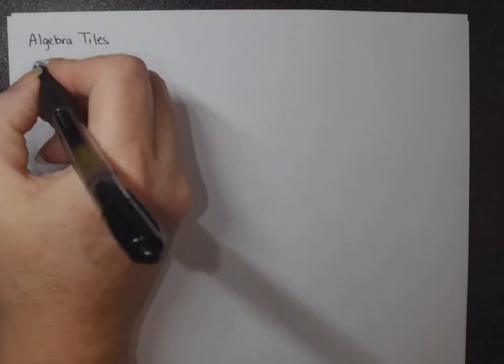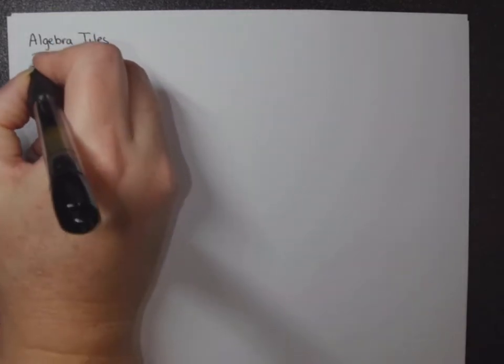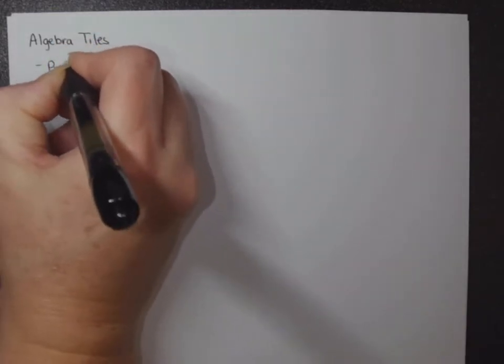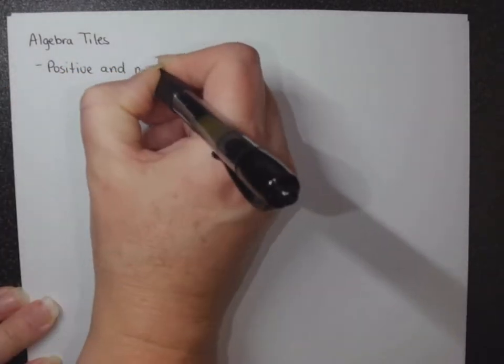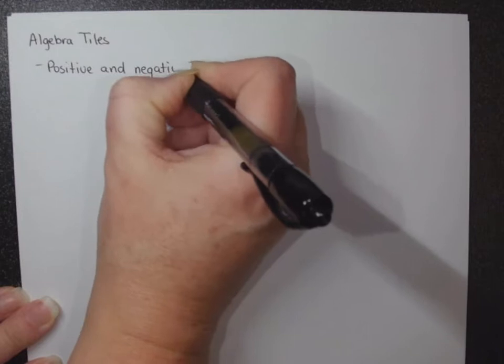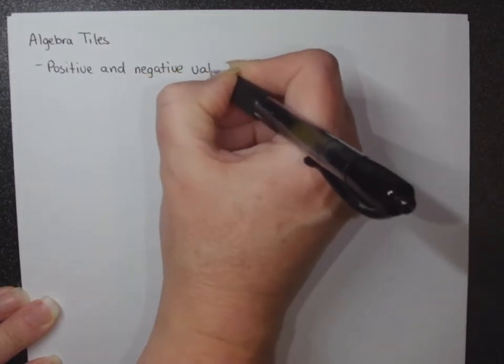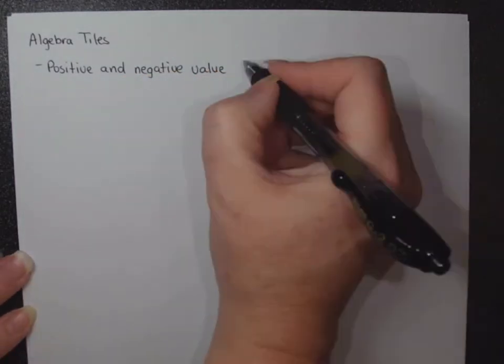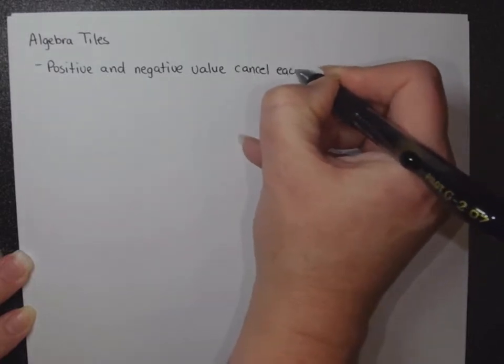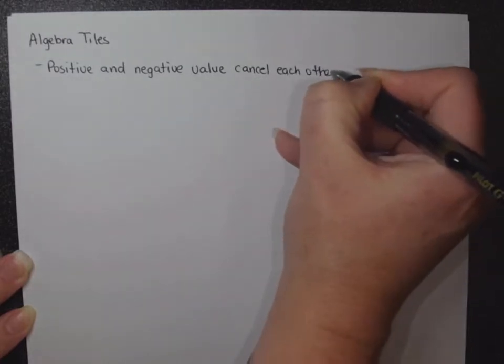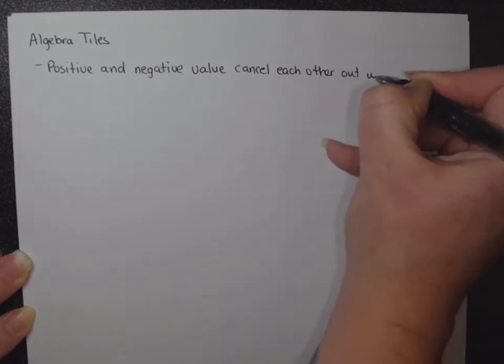So the first thing that you need to know is that a positive and negative value kind of cancel each other out when paired up.